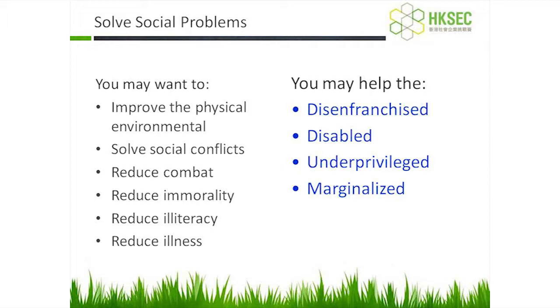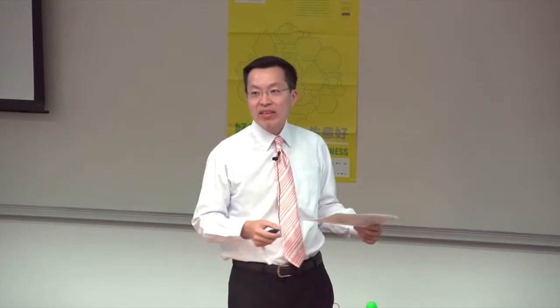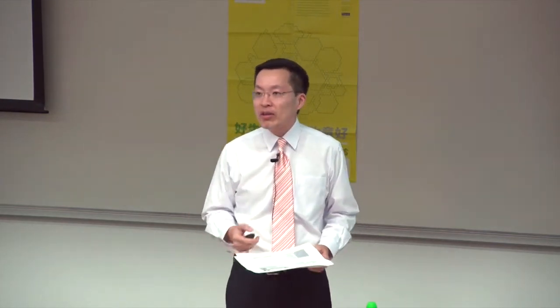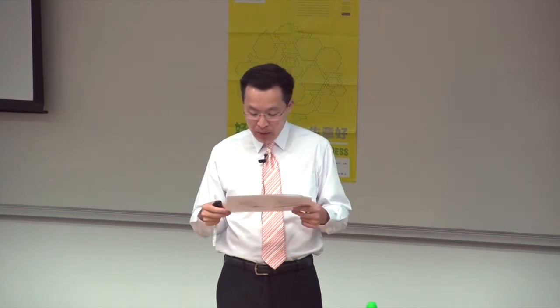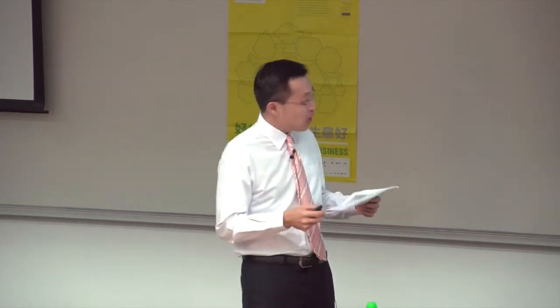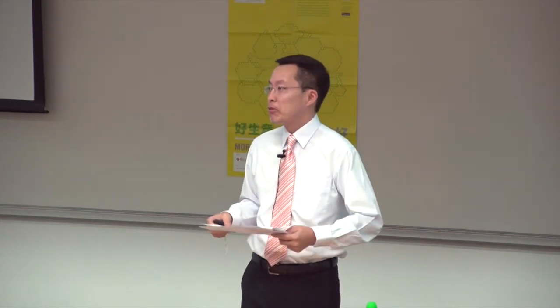You may want to solve some physical conflicts or social conflicts, or you may improve the environmental conditions. You may want to reduce some negative impact, like reduce combat, reduce immorality, reduce illiteracy, reduce illness, or improve health.